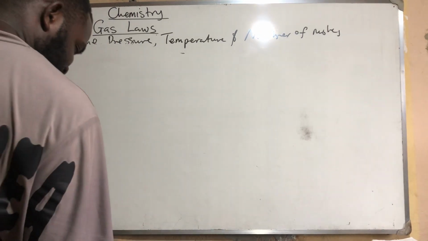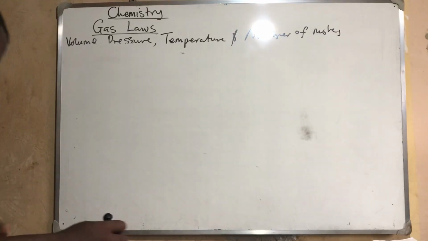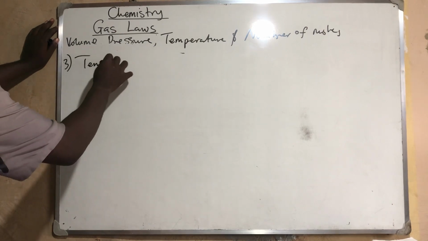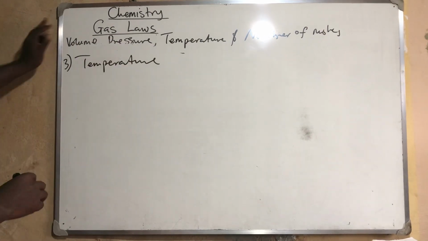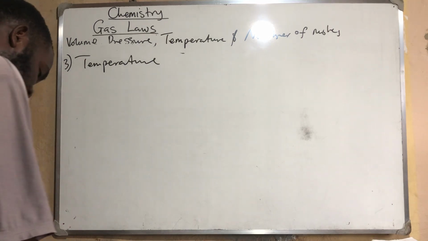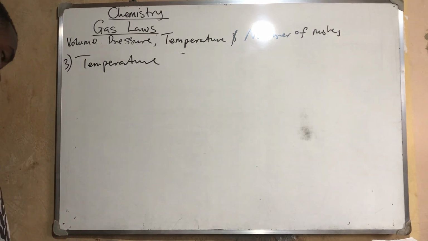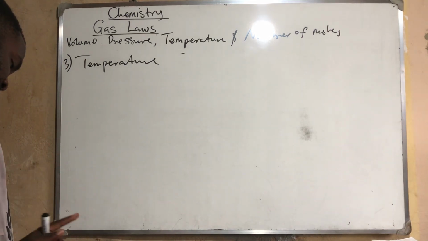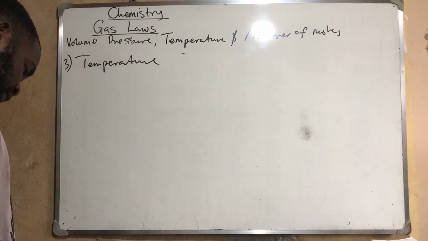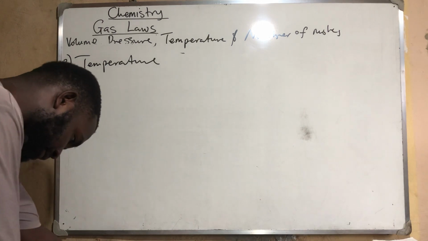Number 3 is temperature. Temperature is the property of matter, in the case of gas, which reflects the quantity of energy of motion of the component particles.